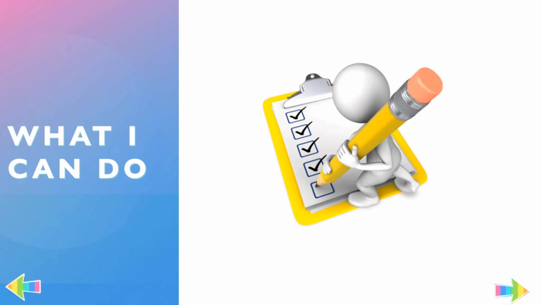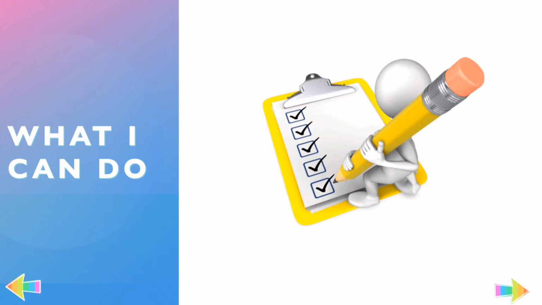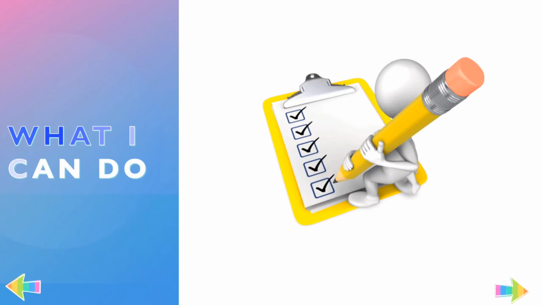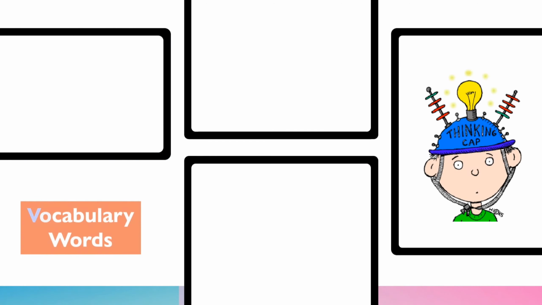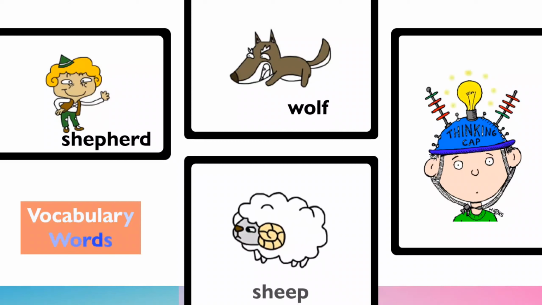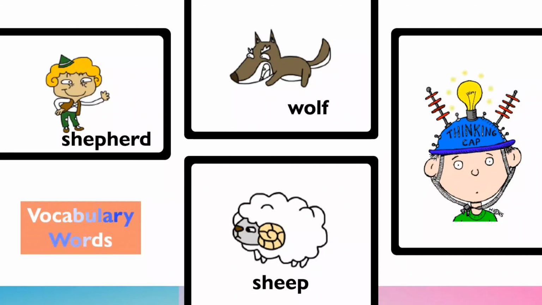In What I Can Do, you are going to listen or watch another story entitled The Boy Who Cried Wolf. These are the vocabulary words that will help you understand the unfamiliar words that you may encounter while reading the story.